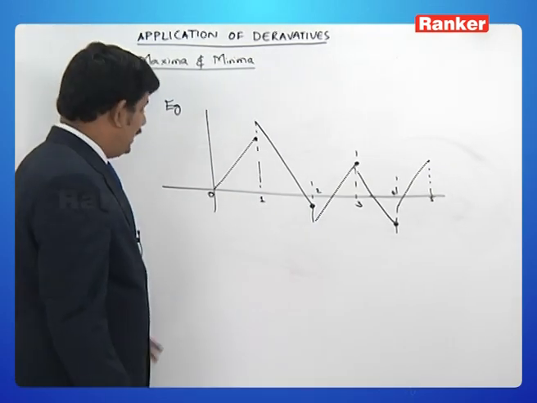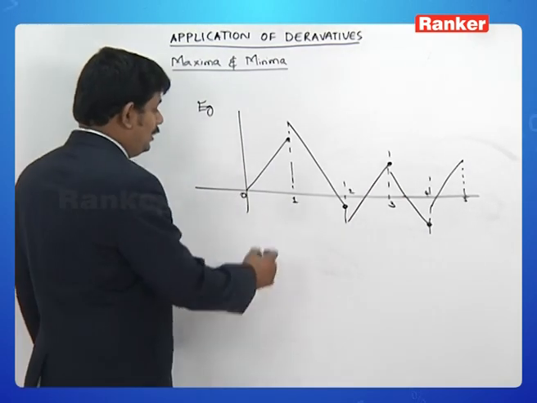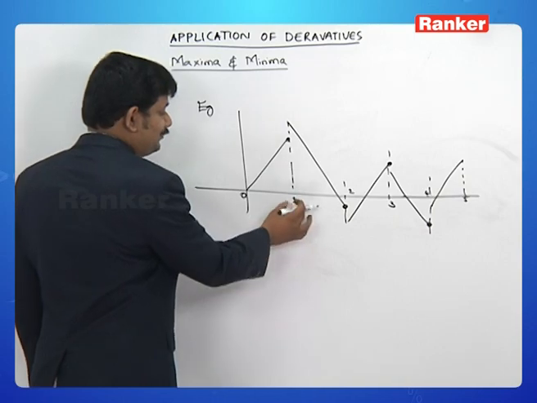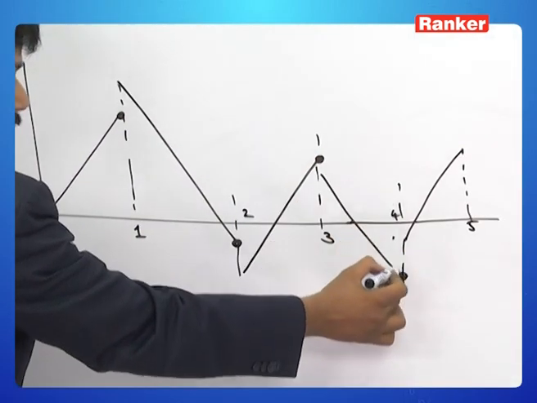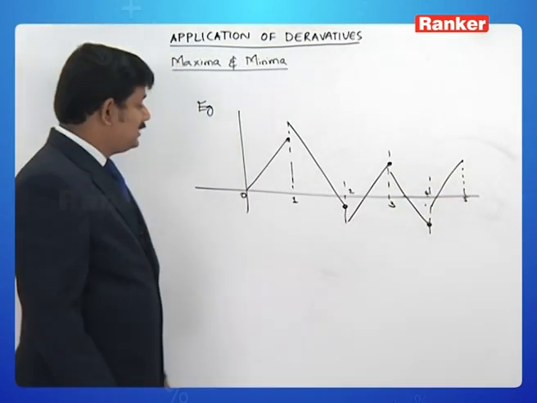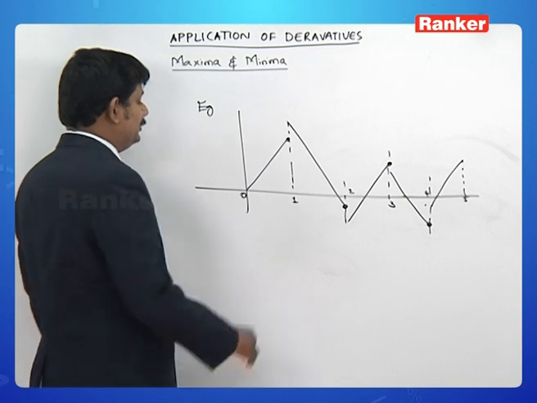Let's say I have a graph which stretches from 0 to 5, and this is 1, 2, 3, 4 and 5. Let's say we want to investigate this function for local maxima or minima.